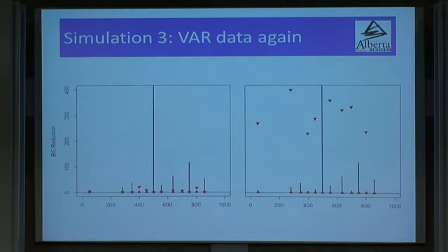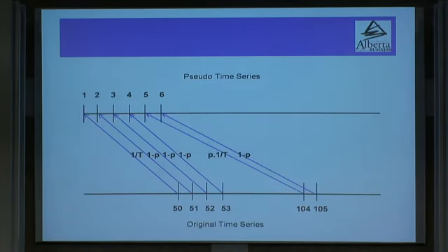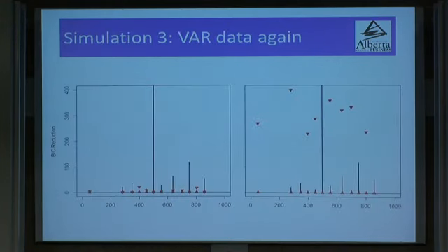So instead of running the permutation procedure, we're going to run that procedure but stationary bootstrap the data, which hopefully keeps the dependent structure intact. The first graph on the left-hand side was with the permutation procedure.